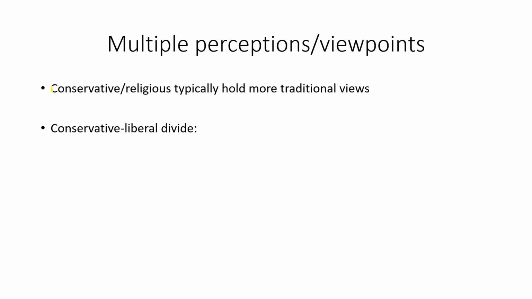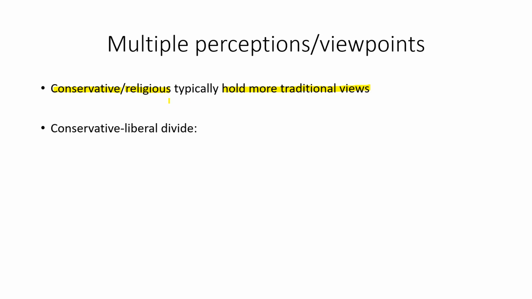The religious mindset typically aligns with the conservative side of politics, and they, not surprisingly, hold more traditional views, because one of the practical definitions of conservative is someone who's a little bit more resistant to change and a little bit more preferable towards traditional values and the traditional norms of society that had been developing for a long time that kind of got us to where we are now.